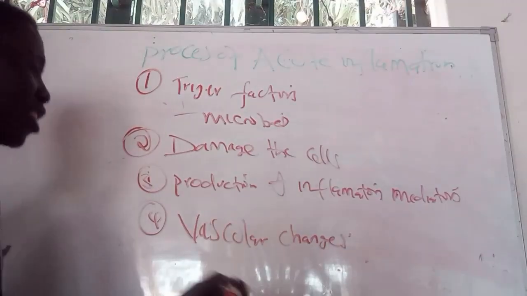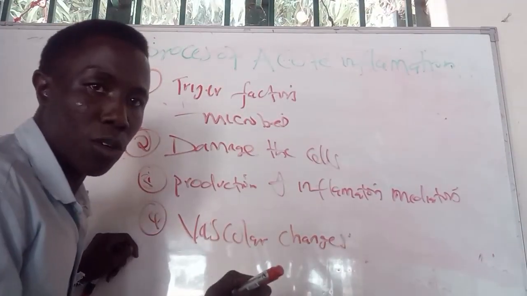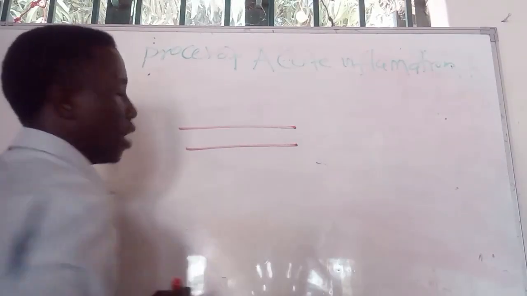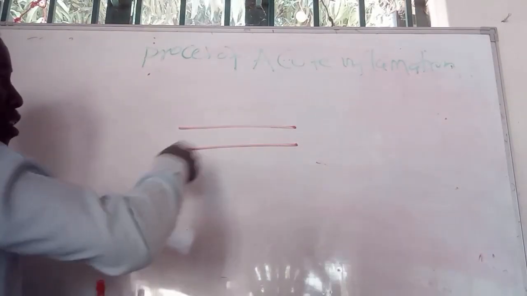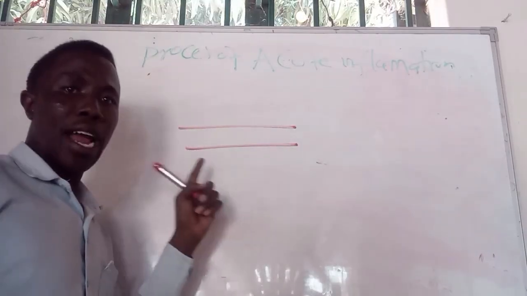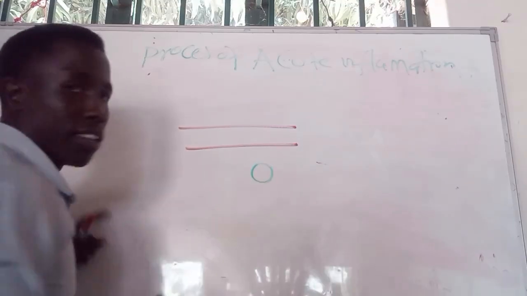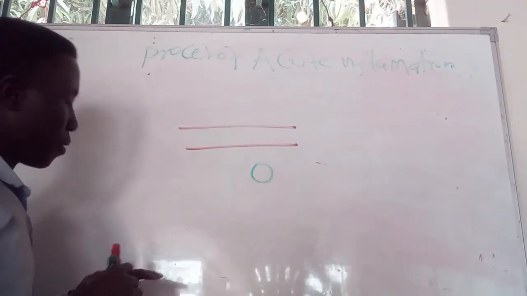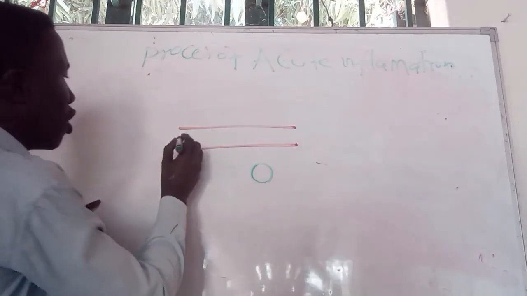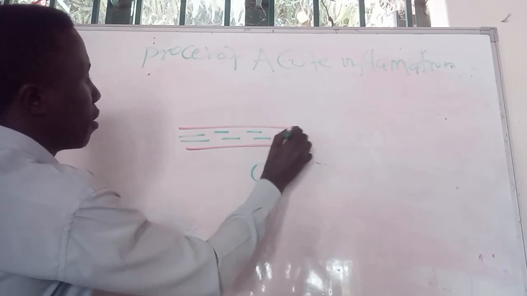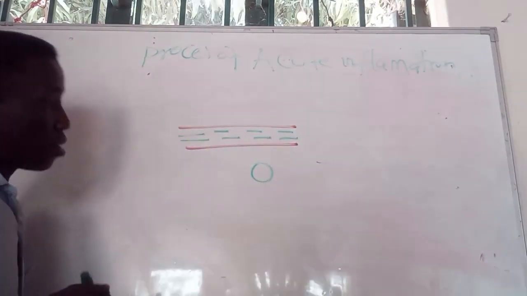The vascular changes mean there will be dilatation of the blood vessel. So you see, if this is your blood vessel and the microorganism is located in this area, of course, your blood is moving inside the blood vessel.